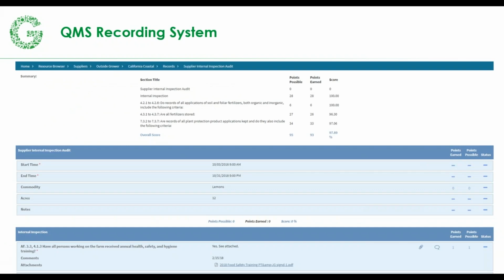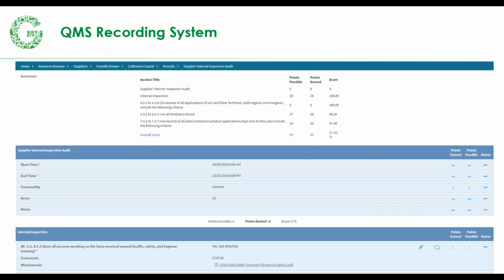We use a web-based QMS recording system. We've created our own internal inspections so that, one, it's recorded electronically, easy to find, easy to file. It also tracks if there's any non-compliances or corrective actions that need to be completed.